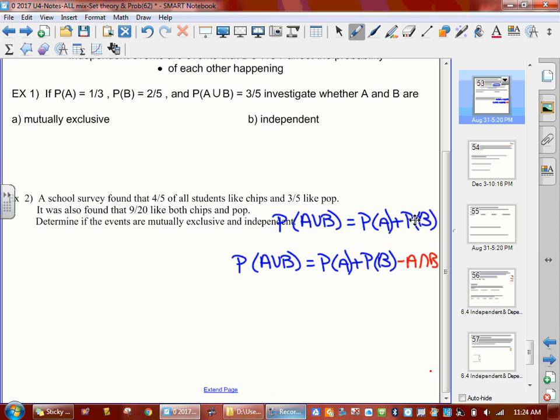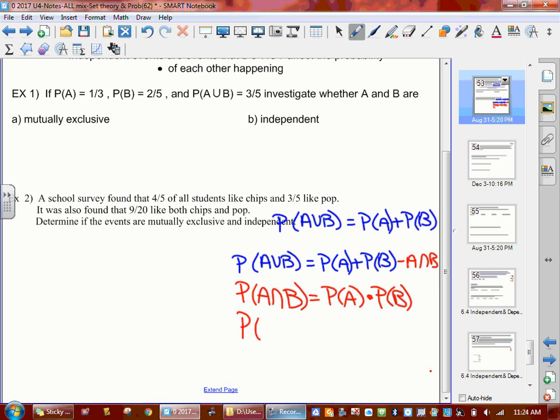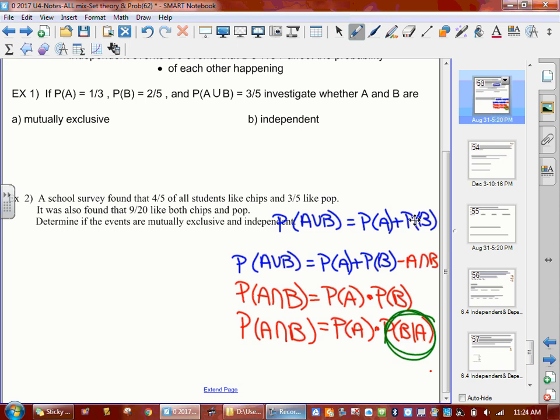Then we've got the AND ones, where we've got probability of A and B. That's your independent. That's just probability of A times probability of B. Then we've got the dependent ones, A and B: probability of A, probability of B after A occurred. So this part tells us it's dependent. That's the difference. And this part here tells us it's non-mutually exclusive.